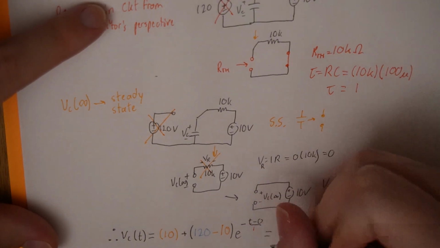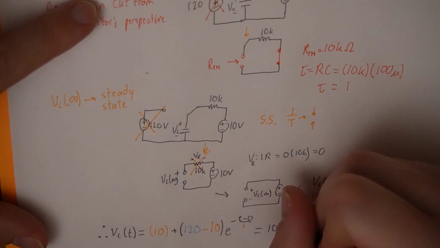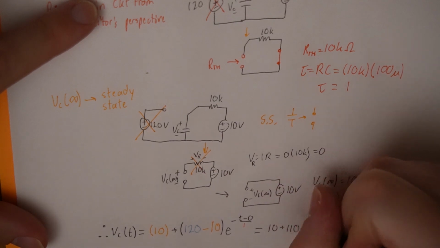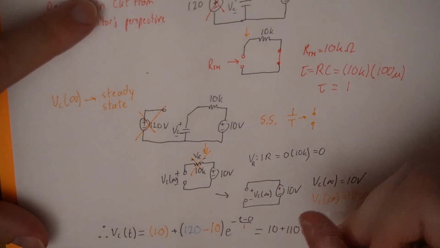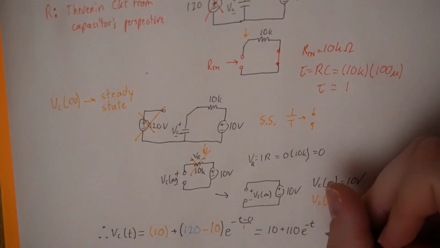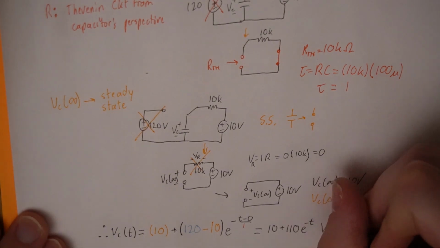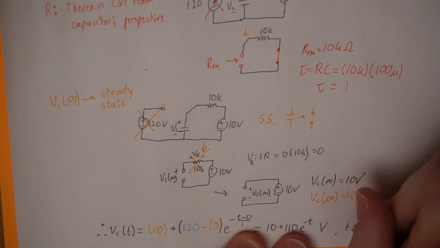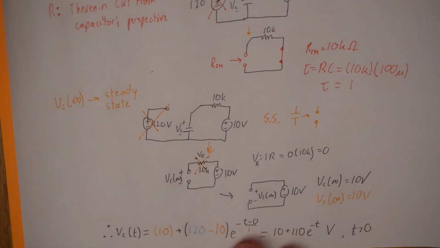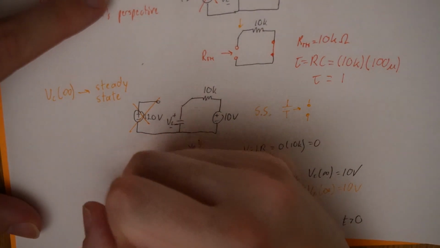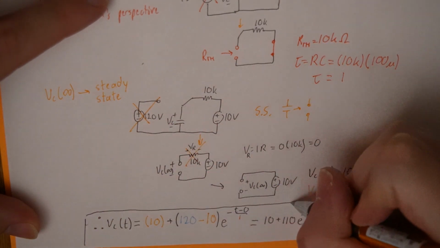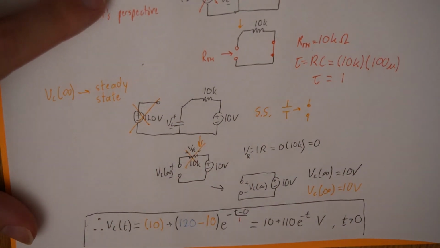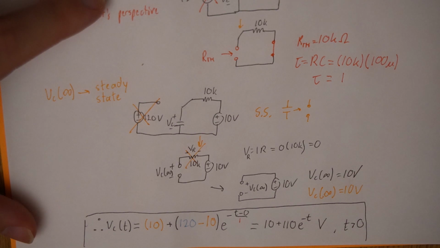Simplifying this equals 10 plus 110 e to the negative t. We need our units here, volts, and this is for t greater than 0, just for our notation to be fine. Now this was my final answer. Put in a nice box, and there we go.